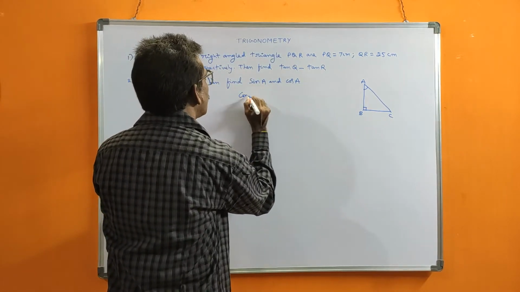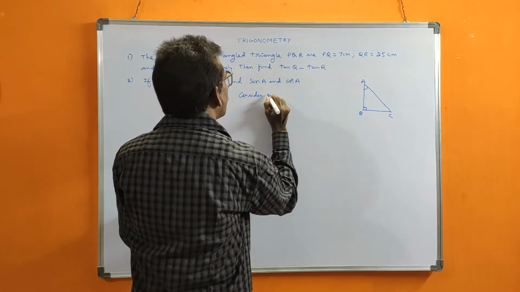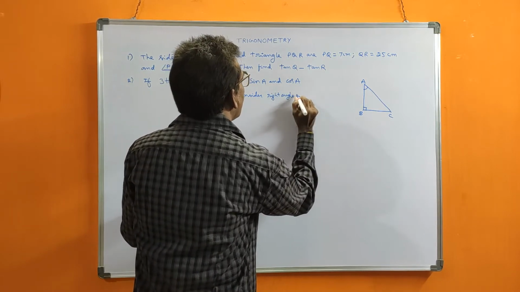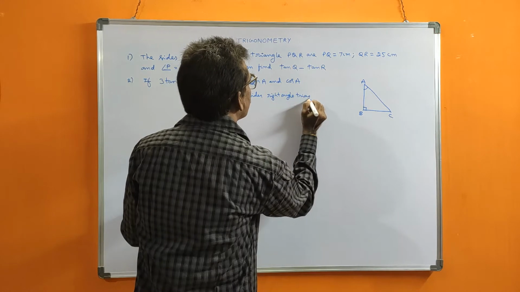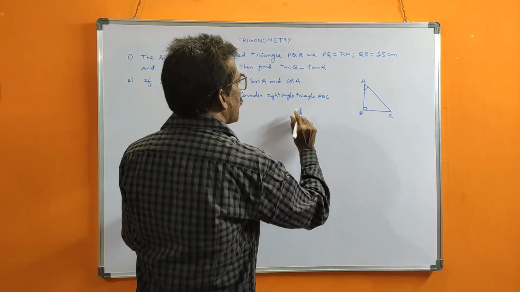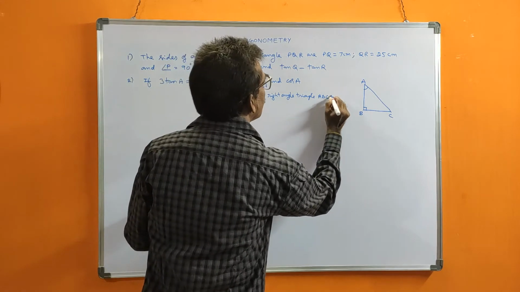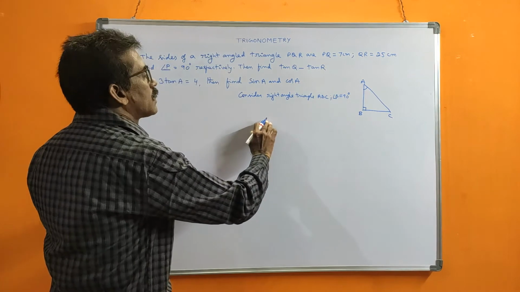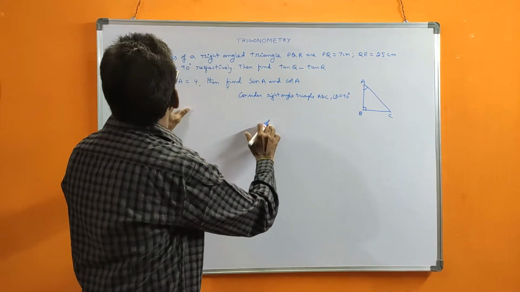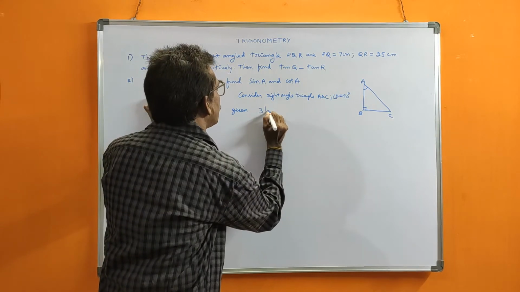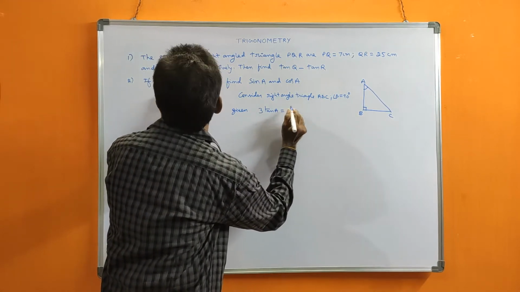Now, consider right angle triangle ABC, with angle B equal to 90 degrees. This we are taking. Now, what he gave: 3 tan A is equal to 4.